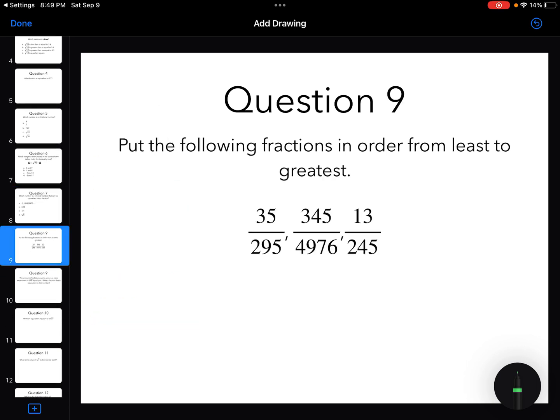All right, this one says put the following fractions in order from least to greatest. I'm going to use my calculator and divide the numerator by the denominator. So I'm putting 35 divided by 295 in, and I get 0.1186.